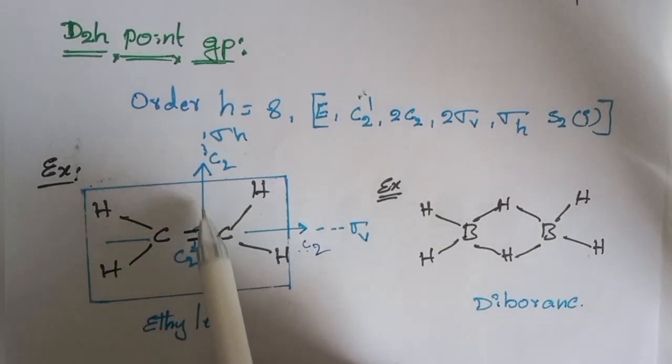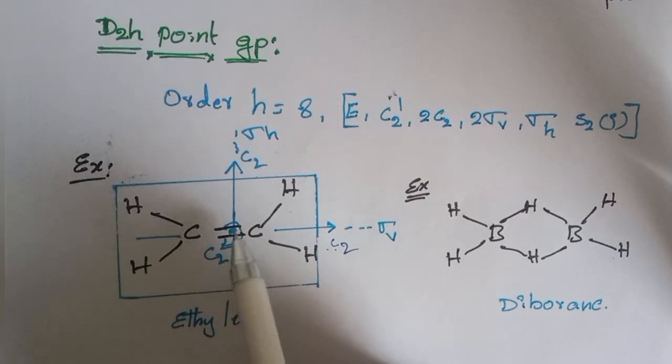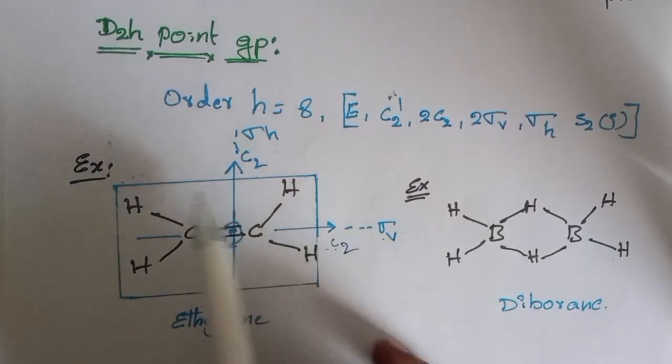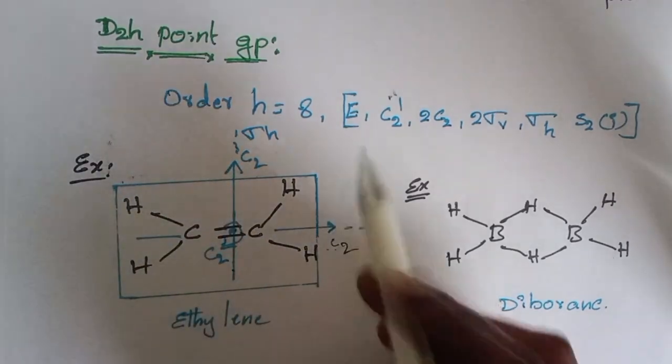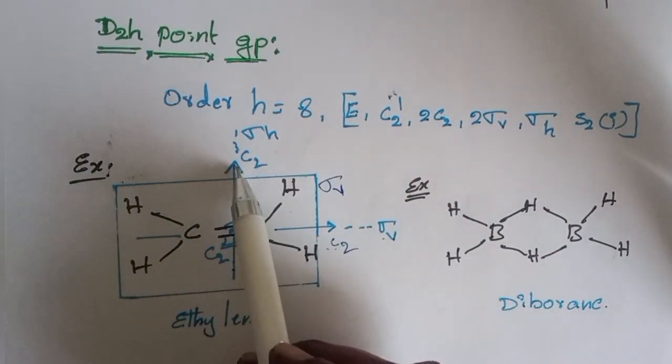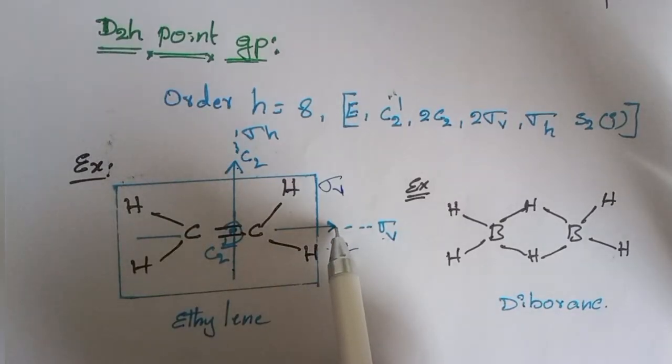And one C2 is possible in between the pi bond and another C2 is possible through the center of gravity. So through this C2 the sigma is considered as sigma v and the molecular plane is also considered as sigma v, and this C2 is perpendicular to the principal axis, right?